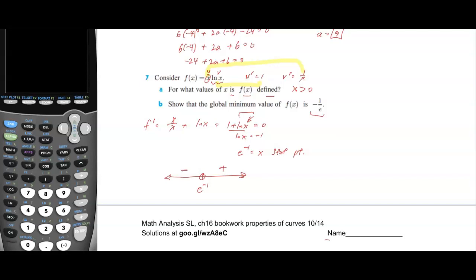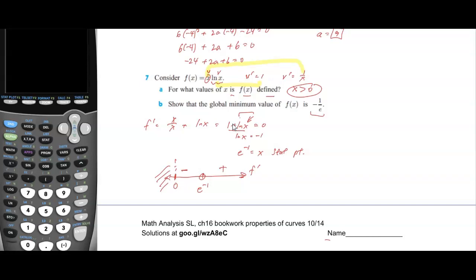So here is our sign diagram for the f dash function. Now, of course, this function does not exist for x less than or equal to 0, right? So like at 0, there's an asymptote, and then nothing over here.